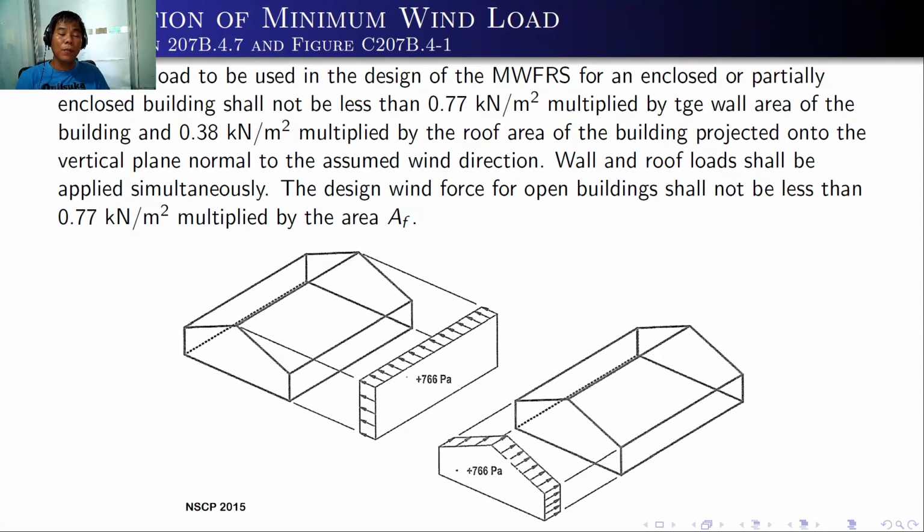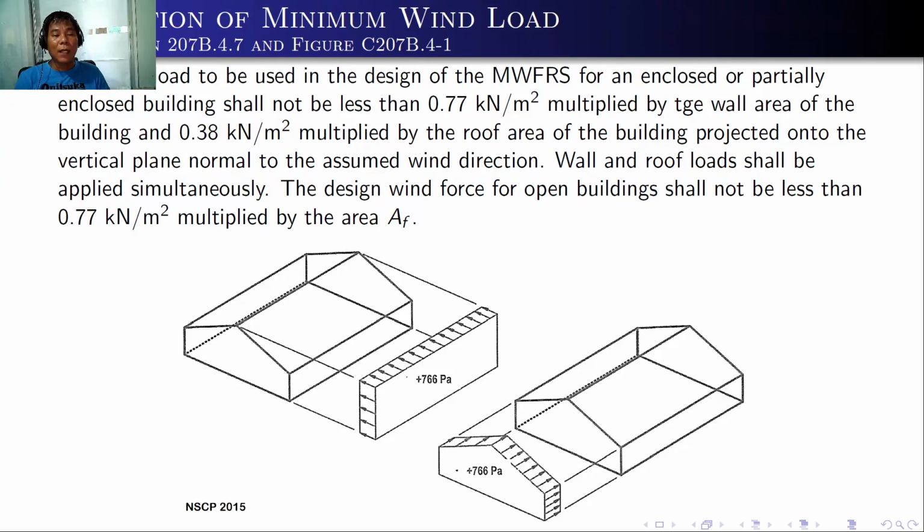So also we need to apply a minimum wind load. If your computed wind load is lower than the minimum wind load, then you have to use the minimum wind load specified by NSCP. The minimum wind load should be 0.77 kilopascal, which is to be multiplied by the wall area of the building, and it's around 0.38 kilopascal to be multiplied by the roof area of the building projected onto the vertical plane.